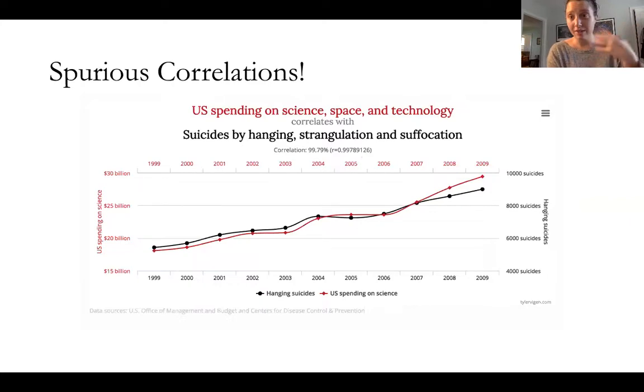If you were science illiterate, you would look at that and say, wow, it looks like the amount that we spend on space technology is causing people to kill themselves. Clearly, that is not what's going on here. What would we need for this relationship? A lot of control variables, because that's probably not causing these deaths, right? These two things correlate strongly, but they're not causing each other.